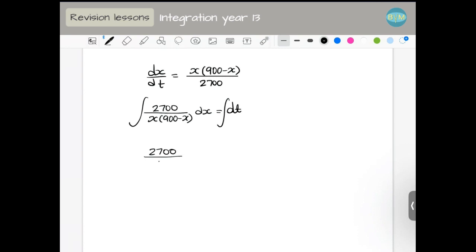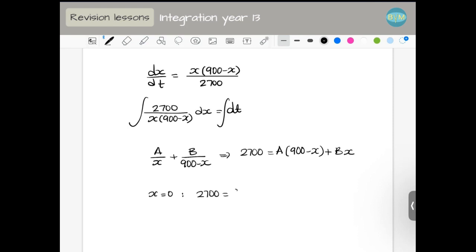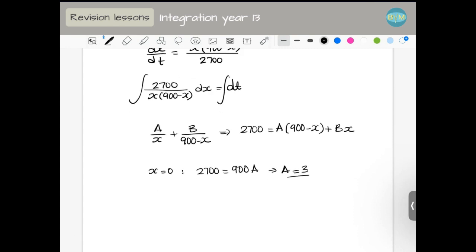So I'm going to separate that into 3 over x and 3 over 900 minus x. So A is 3 and B is 3 as well.